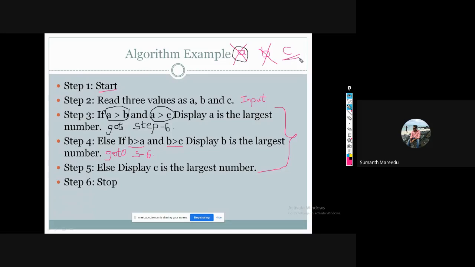Yes. So got this algorithm? Hello? So you understood this or not?